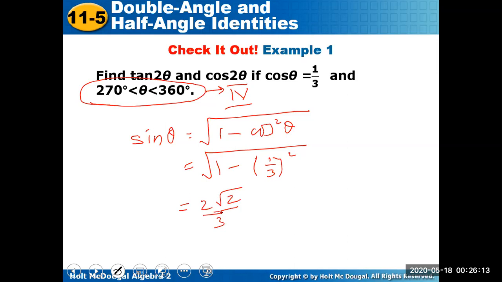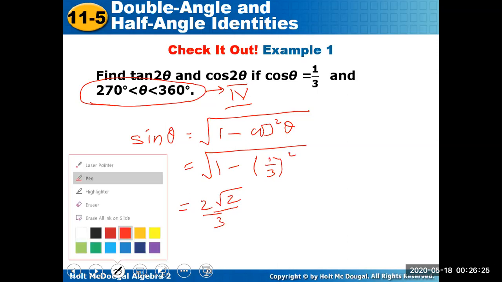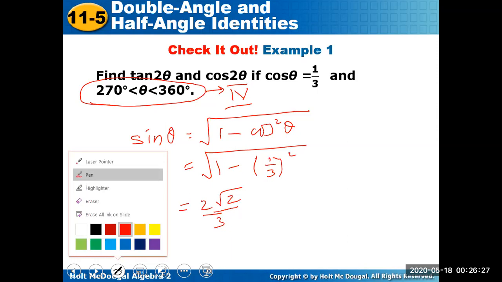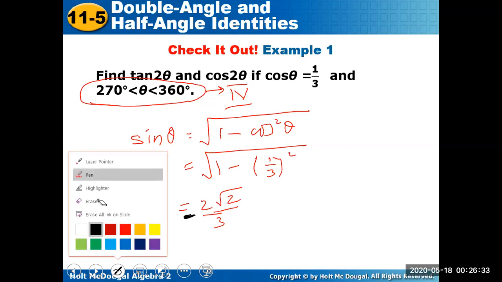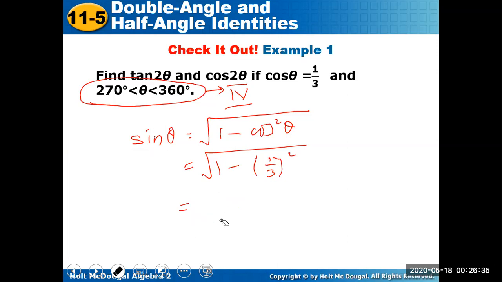Now, since this is in the fourth quadrant, and we know that in the fourth quadrant the sine value is negative, we have to put the sign convention properly. This will be a negative.